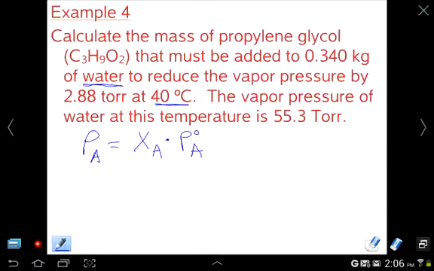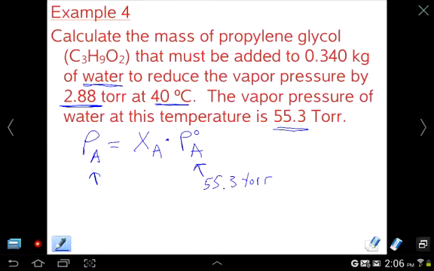So what we have to do is consider first, it says we're going to reduce the vapor pressure by 2.88 torr. So let's find out what our final pressure would be. Our original pressure here is given to us as 55.3 torr. We want to know the reduced pressure, so we can simply subtract the two.